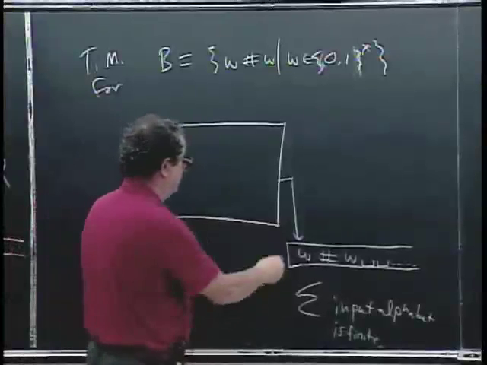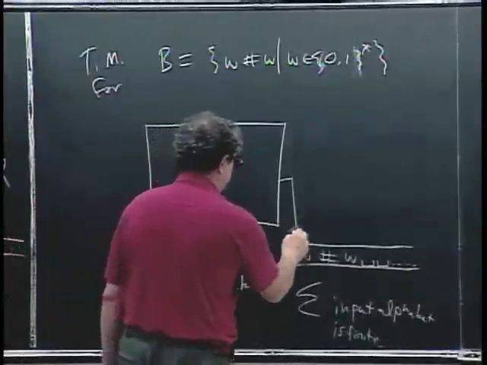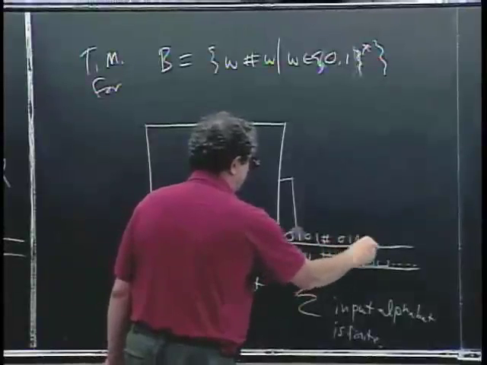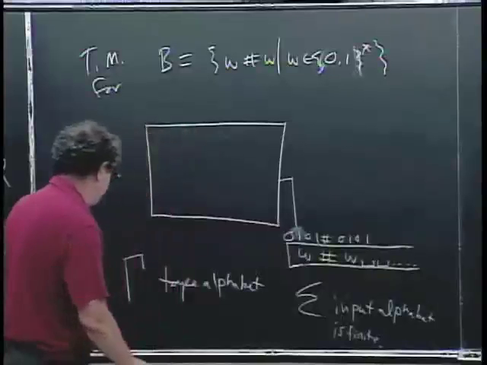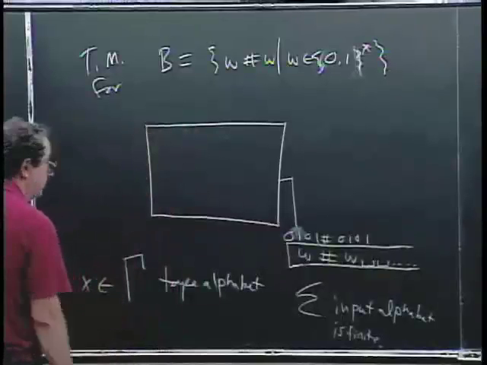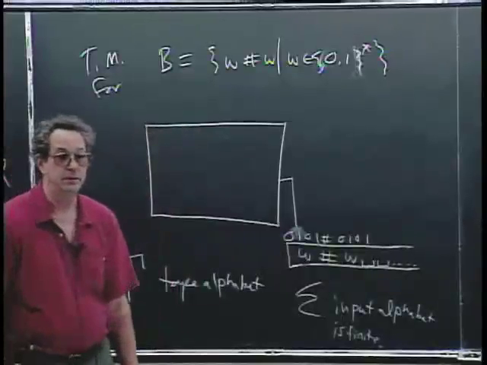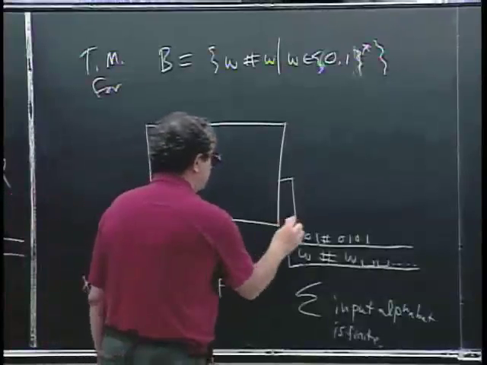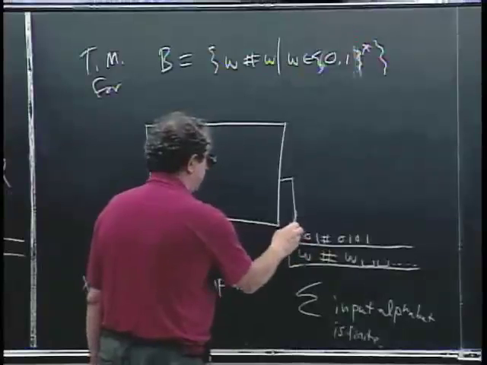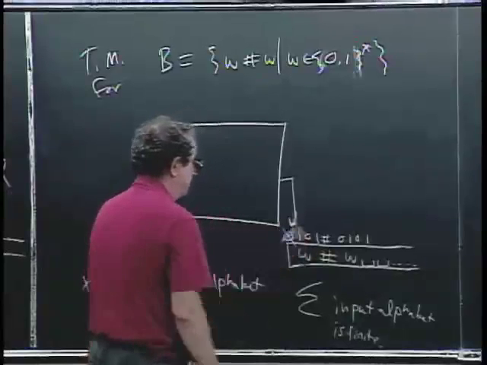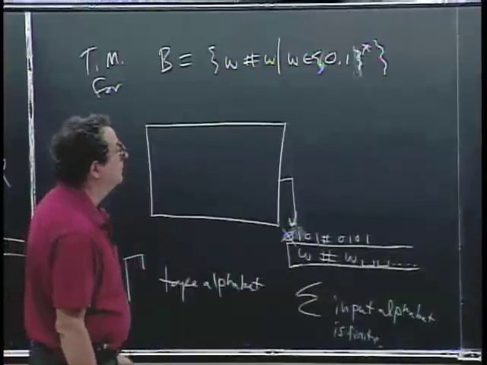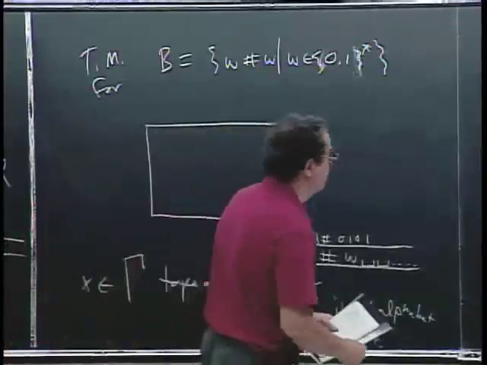So let's just have a little example here. Let's say this is 0101, hash, 0101, and maybe the tape alphabet has an X in it, a symbol that's not in the input alphabet. So when the 0 is read here, we're going to replace it with an X, which is a good way of crossing it off.